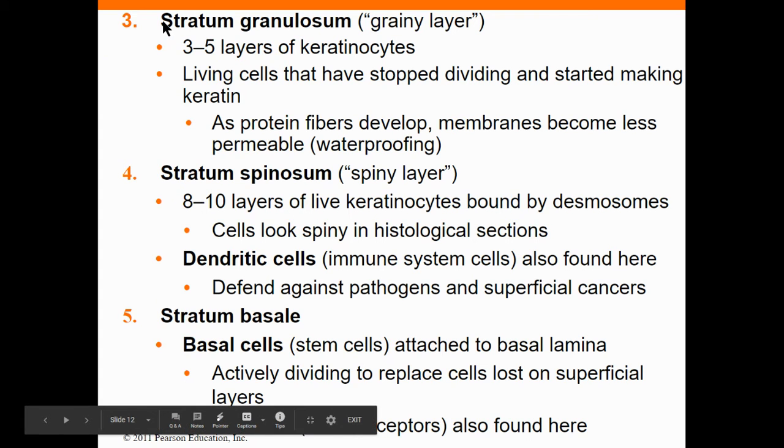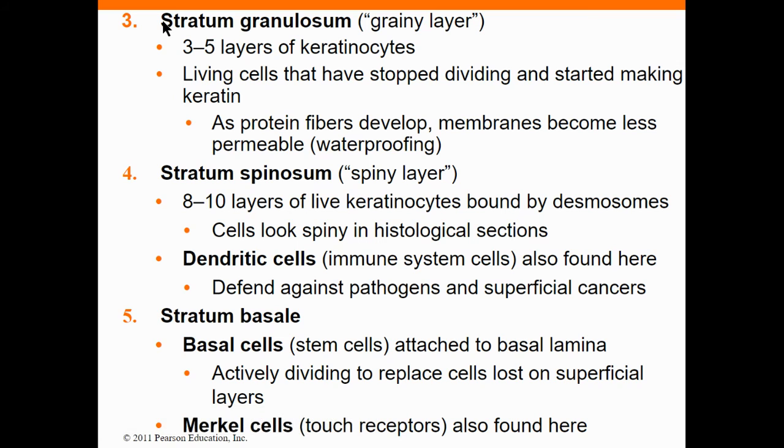So underneath the stratum lucidum in thick skin, or if we're talking about thin skin, we don't have stratum lucidum, we would just start with stratum corneum and then go to stratum granulosum. It means the grainy layer. And there's going to be 3 to 5 layers of keratinocytes. And these are living. So the stratum granulosum ones are still alive, but they've stopped dividing and they've started making keratin.